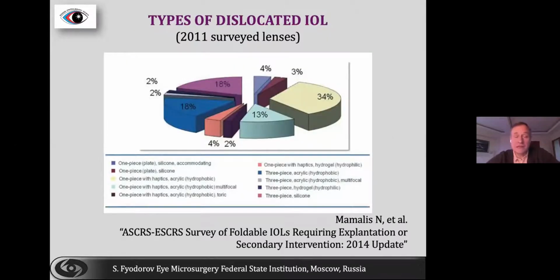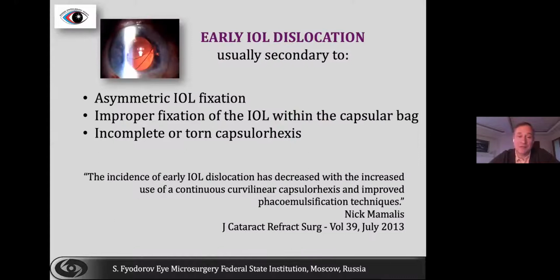Basically, there are different lenses. All of them we do have in the market. All of them can be dislocated. However, most probably the single piece hydrophobic acrylic with haptics is the most predominantly used, and that's why they dislocate more than other types of lenses. So it's quite specific to the market of the lens.